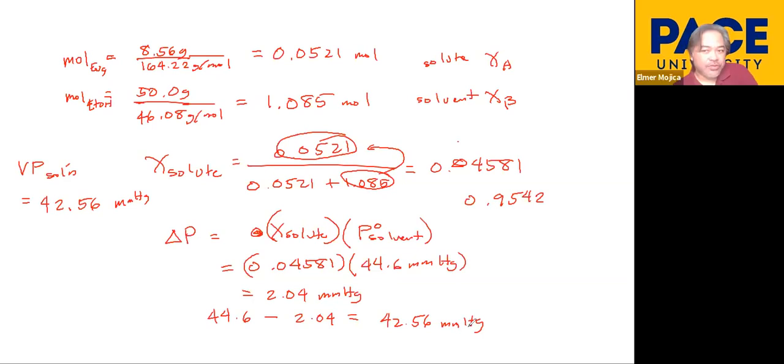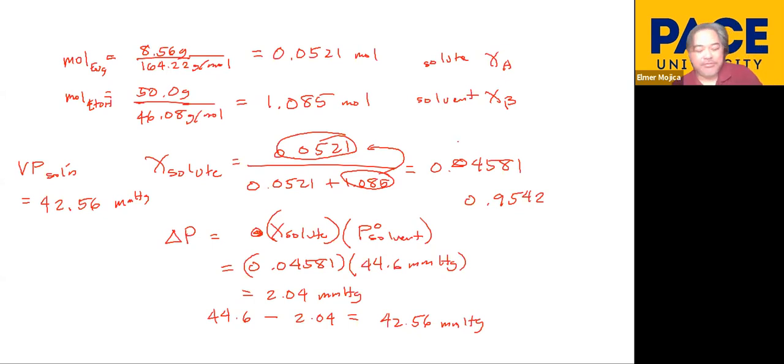Now, when we also describe what we call an ideal solution, okay, another way of looking at this ideal solution is if your solute is non-volatile. When you have a solute that is volatile, you have what we call a non-ideal solution.